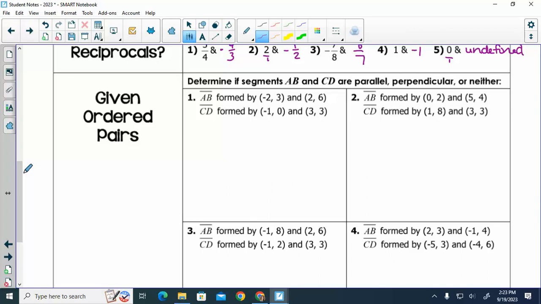So we have to do the slope for each of them. So if I think about this first one, we know slope, we have done it many times now. y2 minus y1 over x2 minus x1.